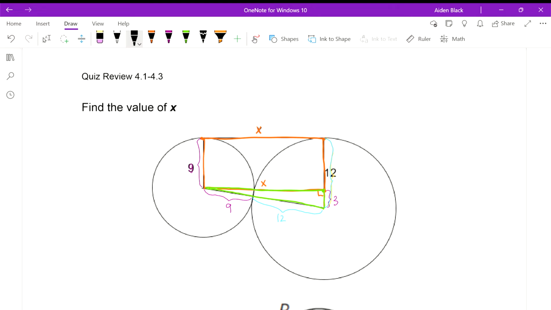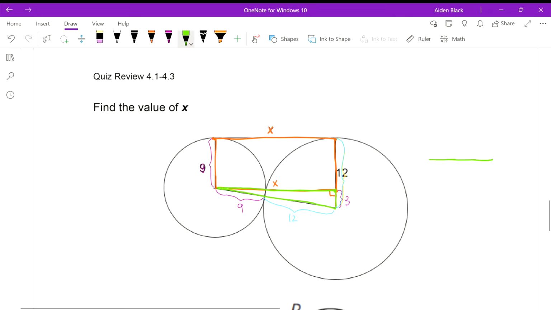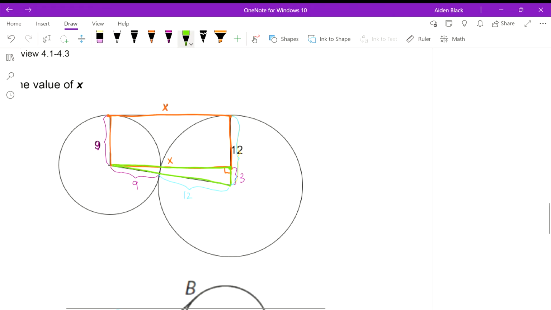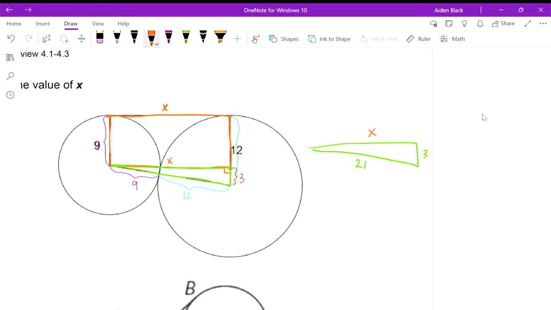So let me pull out this triangle we're looking at so you can see it on its own. We have 3, and then 9 plus 12, that's 21, right? So we can find x. This is the right angle here, so we should have that 21 is the hypotenuse.